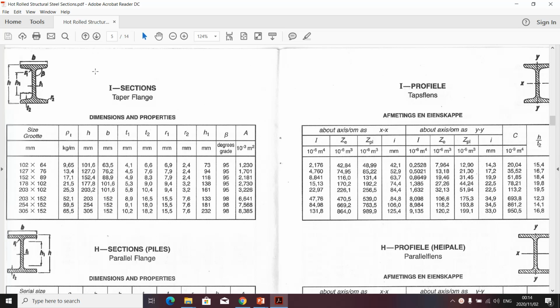Mind you, our I section is seated like this, upright. So that is very important. It is seated by its x-axis. If we look at this diagram from this side here, x. So that's how our I section is seated.